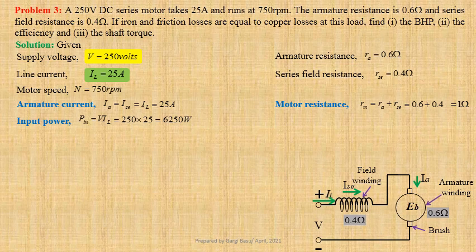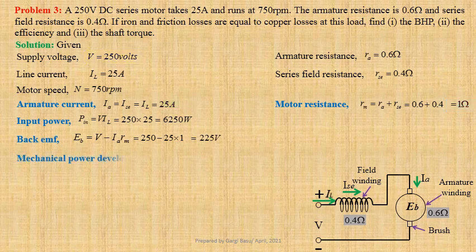Neglecting brush contact voltage drops, we get the expression for back EMF Eb equals V minus Ia times Rm. Using values we get 250 minus 25 into 1, that is equal to 225 volts.